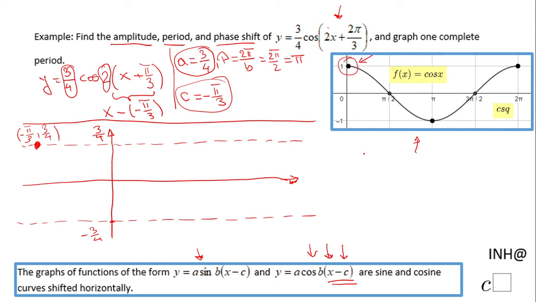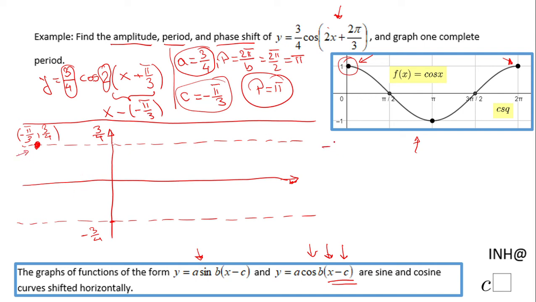I need to find the second maximum, a point like this one, for my function. And for that reason, I'm going to use this period of pi, because the second maximum is pi units away from this maximum. So how can I find the coordinates?